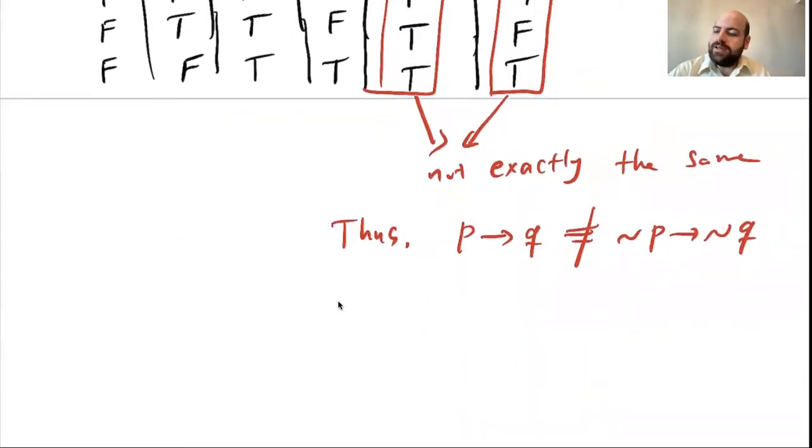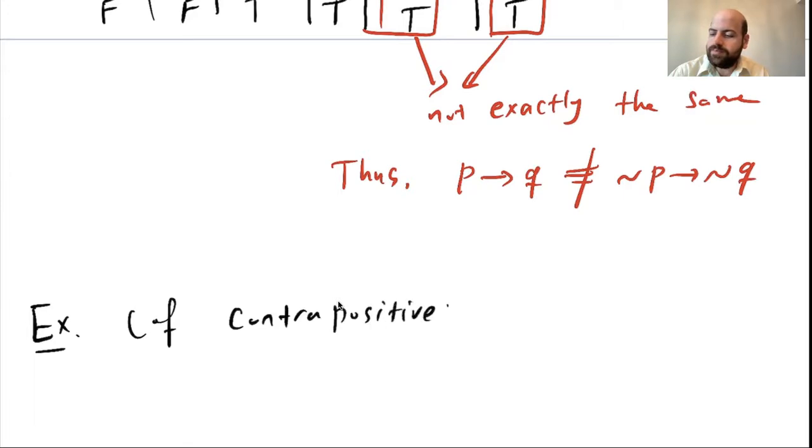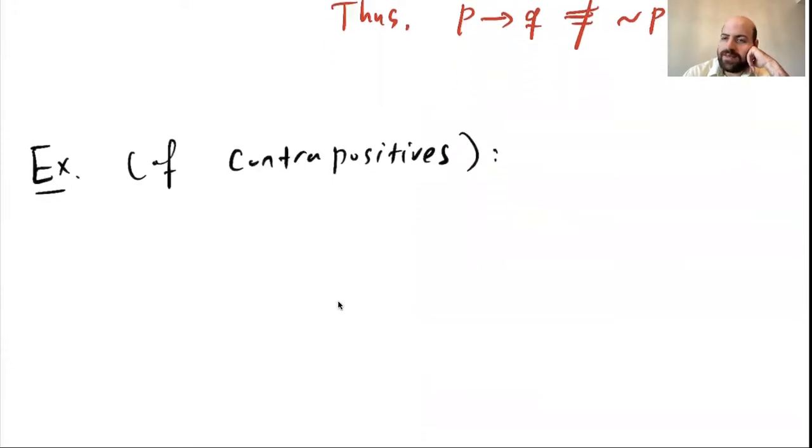All right, now the last case, where we have the contrapositive. So, an example of contrapositives. Here, again, let's consider the same example.